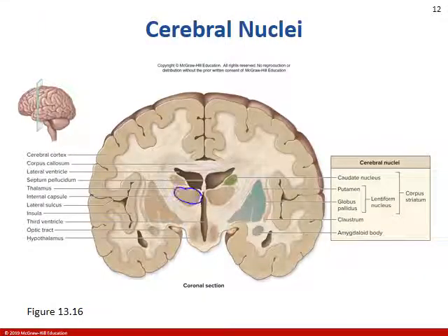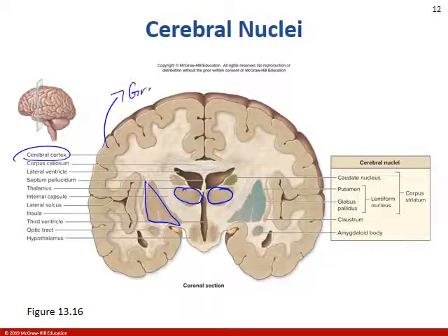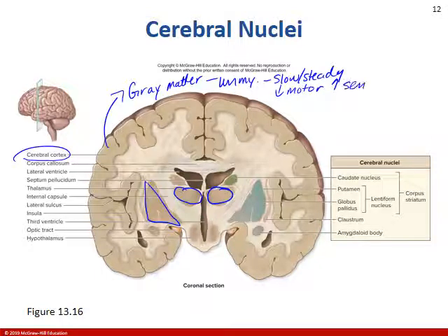Before we talk about these deep gray matter nuclei, let's go back and talk about the areas of the brain again. So we have this cerebral cortex. It's gray matter. Gray matter, you should be thinking unmyelinated. Unmyelinated, kind of a slow, steady signal. And remember, this is where we send out motor messages or where we pick up or deliver sensory messages.